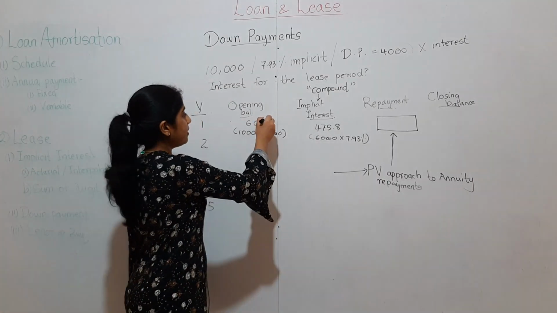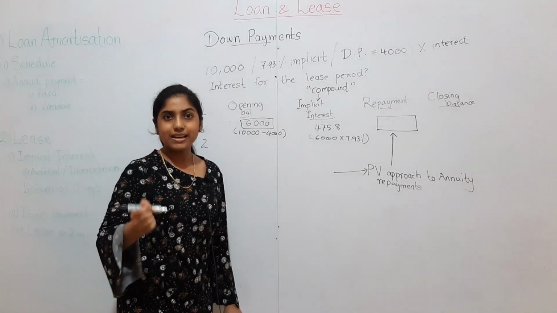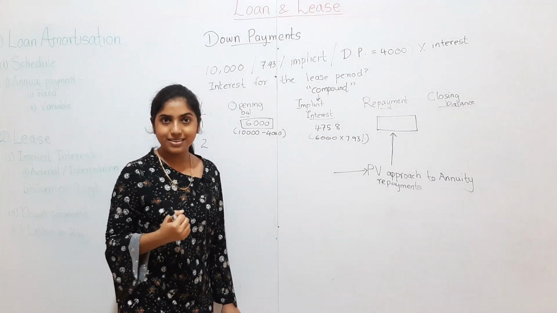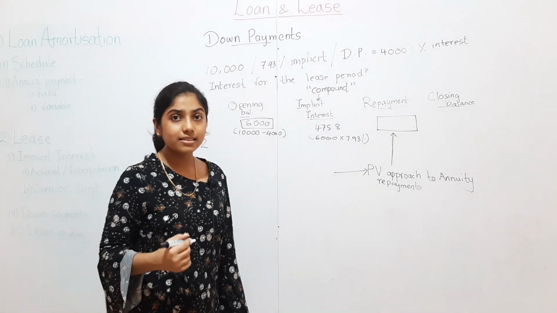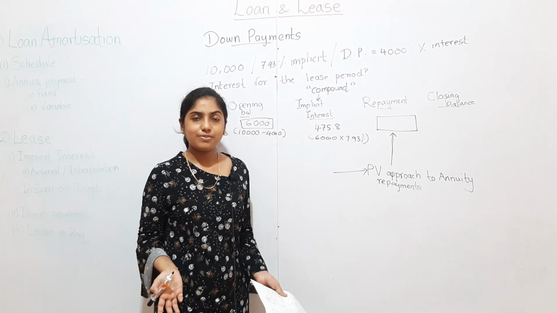It should be the opening balance, or the balance outstanding as of today, as of making the lease agreement. Isn't it? That is only the present value.